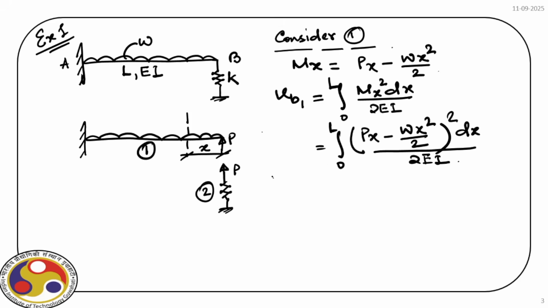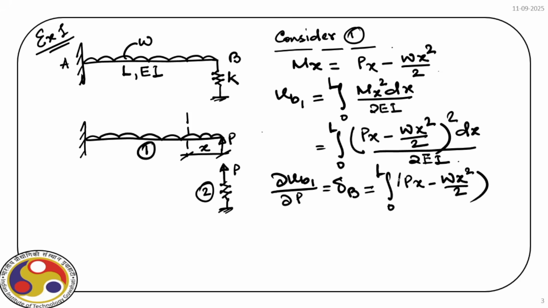Now if we differentiate this strain energy with respect to P, we get delta B. And for that we have 0 to L, P of x minus omega x square divided by 2, that multiplied by x dx and divided by EI.